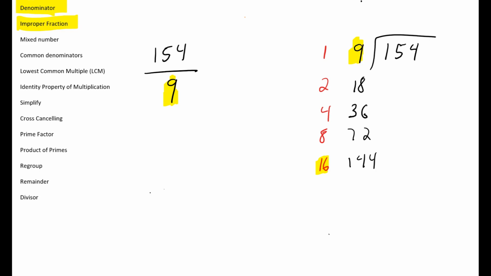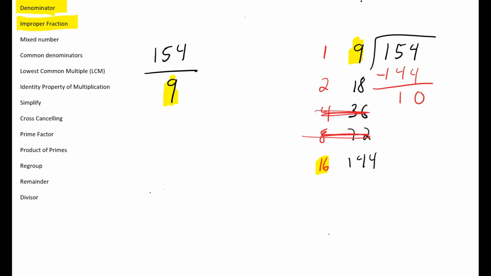Now that I have all my numbers there, I know that I can use 16 here. So I'm going to use the 16, and I'm going to subtract off 144 minus 144. That's going to give me 0 there, and it's going to give me 1 there. I have 10 left. Well, let's take a look up here. I can't use this one, that's too big.